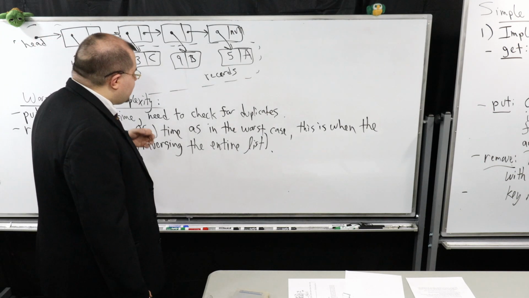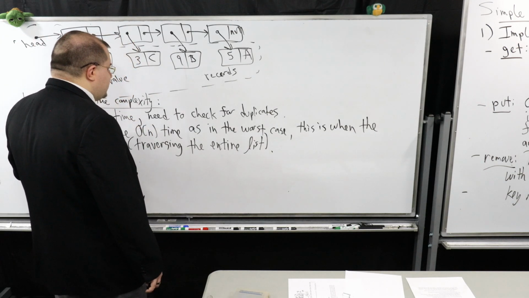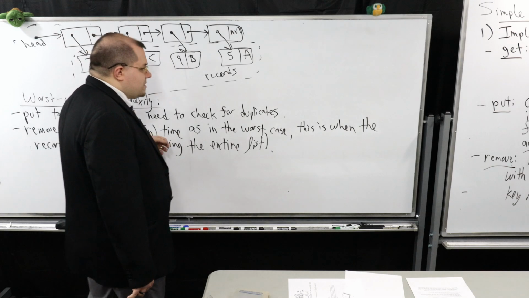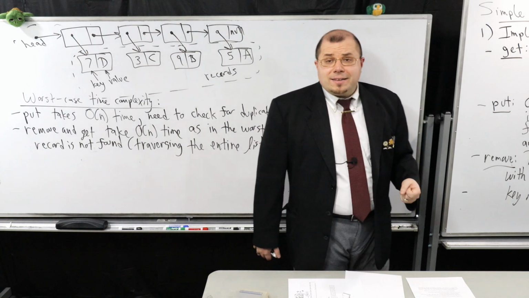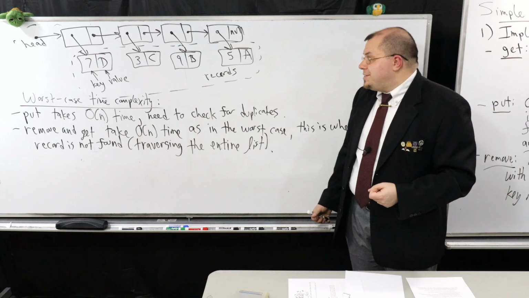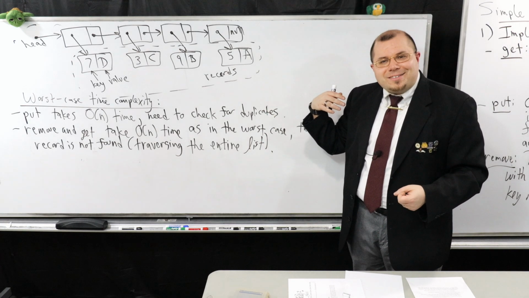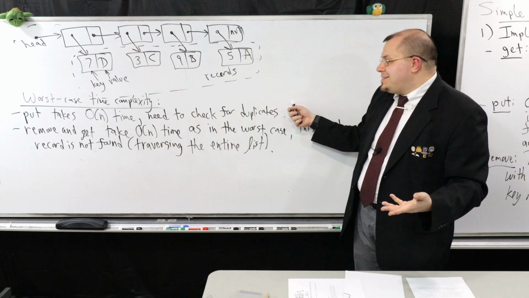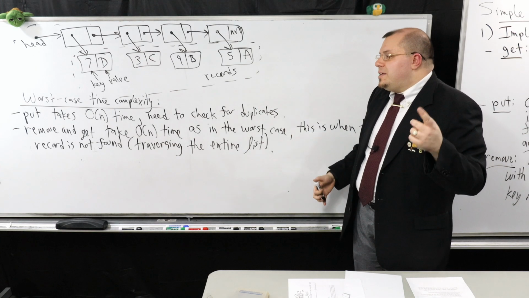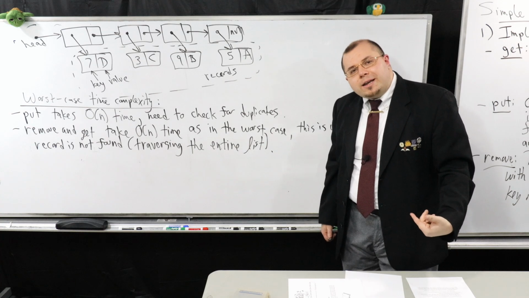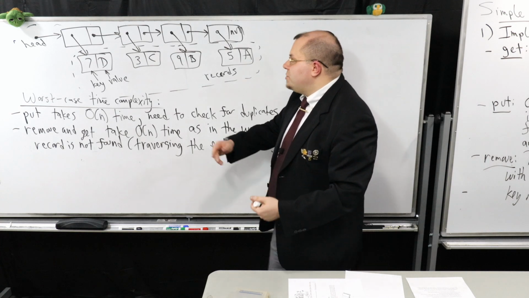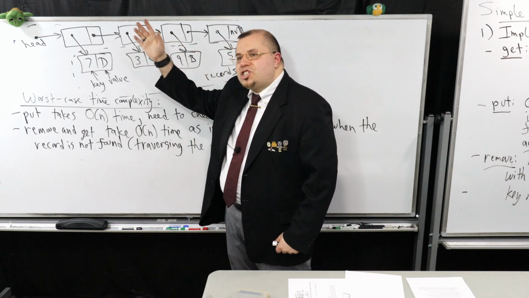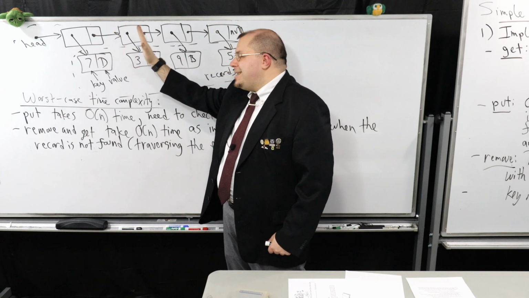Because in the worst case, the record may not even be there, so I still have to go through the linked list anyways. It's really whether we can make the put faster. But notice that for the check for duplicates, the advantage we have when it's sorted is that I don't necessarily have to explore the entire linked list. I can just stop wherever is necessary.